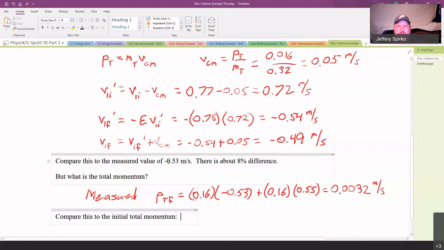So compare this to the initial total momentum of 0.016 kilogram meters per second, and we see that they're definitely different from each other.